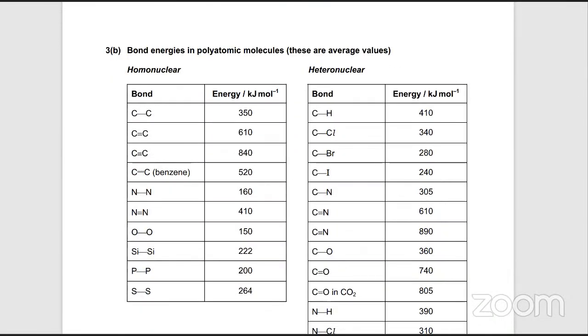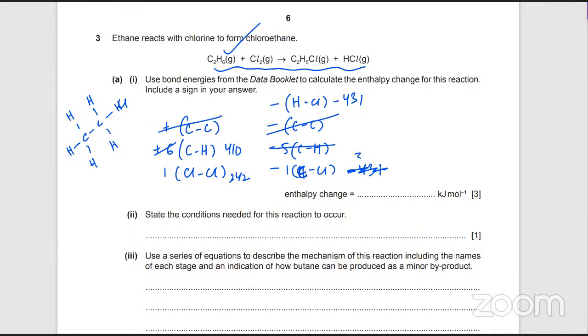That's 340. So let's sum it up: that's 410 plus 242, and bonds being formed on the other side, that's minus 431, and the other bond being formed is minus 340. The rest all got cancelled out. The CC bond got cancelled out on both sides. The CH bond, most of them got cancelled out except for just one.